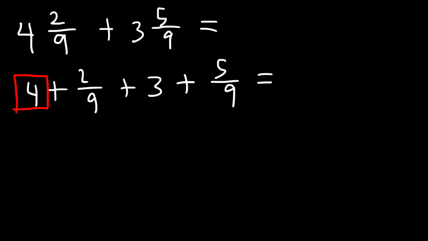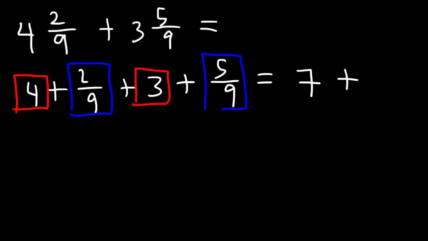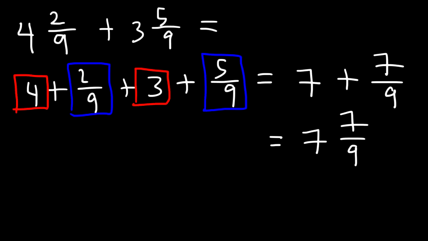So first we can add 4 and 3, and that will give us 7. And then we can add 2 over 9 plus 5 over 9, and that's going to give us 7 over 9. And so our final answer is going to be 7 and 7/9.